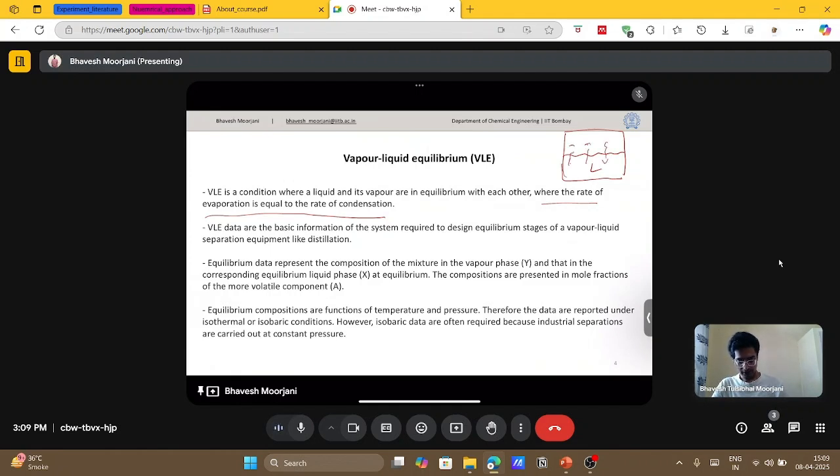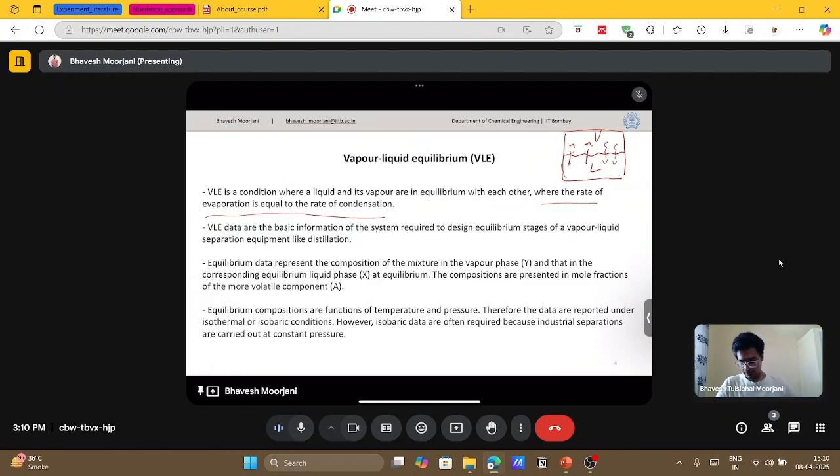Similarly, there will be transfer of molecules from the vapor to the liquid phase. So when we say vapor and liquid are in equilibrium, that means the rate of evaporation, molecules going from the liquid phase to the vapor phase, is equivalent to molecules coming from the vapor to the liquid phase. When this condition is achieved, we say this is a vapor liquid equilibrium.